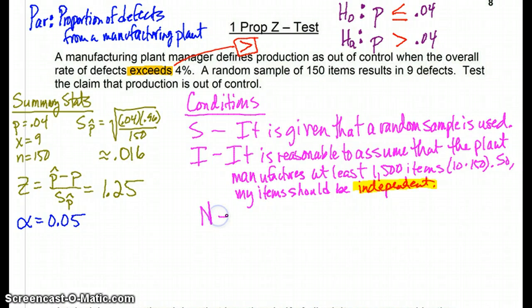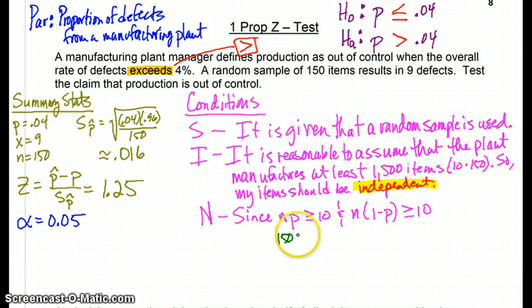For N, normality, I would say since N times P is greater than or equal to 10, and N times 1 minus P is greater than or equal to 10. However, we're going to have to make sure we calculate, and if we calculate 150 times 9 over 150, that is only 9. Is 9 greater than or equal to 10? No. Okay?